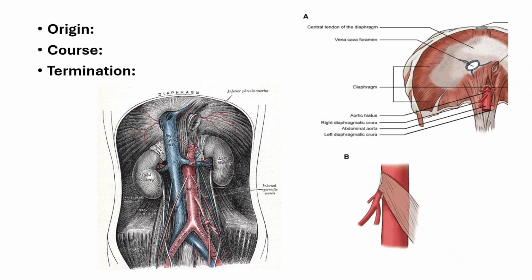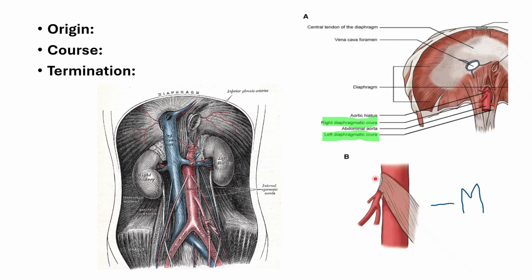The abdominal aorta originates at the level of the diaphragmatic hiatus. We can see here this is the diaphragmatic hiatus at the level of the thoracic 12 vertebra. The abdominal aorta originates in between the right and left diaphragmatic crura and posterior to the median arcuate ligament.